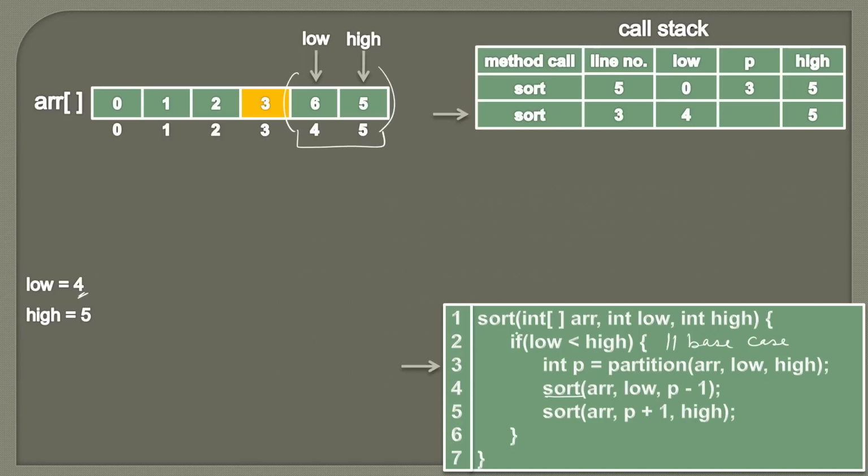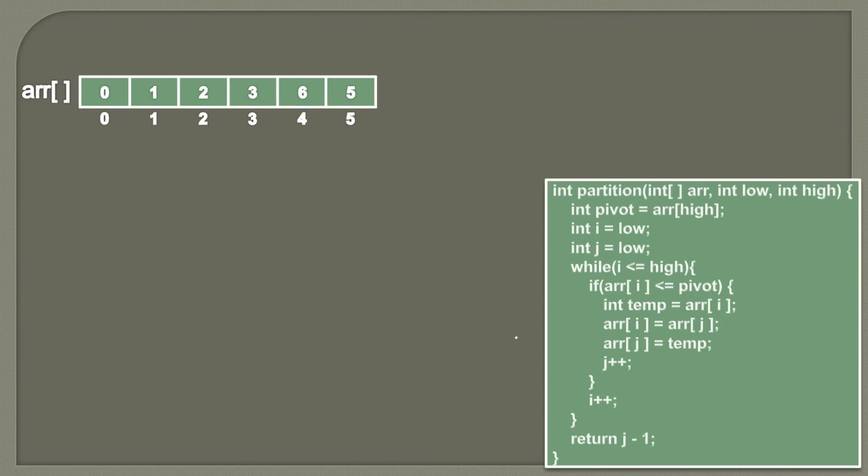We leave this sort method. We call this partition. We need to partition from low to high, that is in this range. We are not touching this side because we have already done the sorting and partitioning of these elements. So we are now only touching these 2 elements.